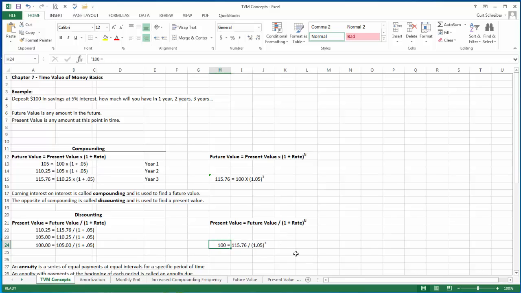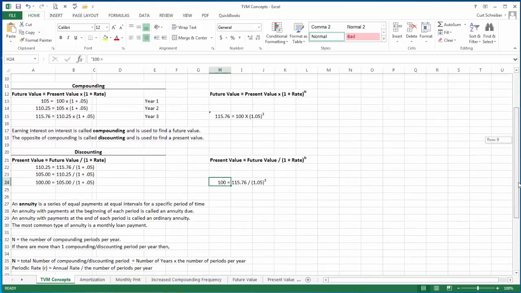So another way of saying this is that $100 today compounded at a rate of 5% is equal to $115.76 3 years from now. In addition to that, $115.76 3 years from now, discounted at a rate of 5%, is equal to $100 today.